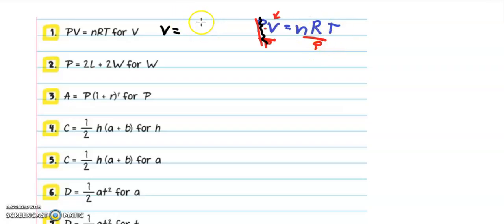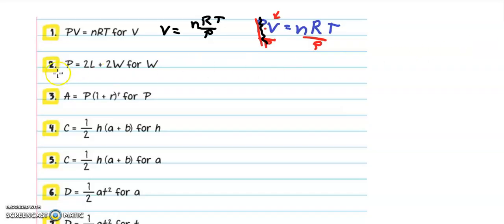Nothing can simplify, but I have nRT over P. Okay. Now, this is a formula I believe in science. It doesn't stand out to me. I don't recognize it, but if we were in a science class and we were being asked to solve maybe for velocity, we would be able to do that if we had these other numbers.